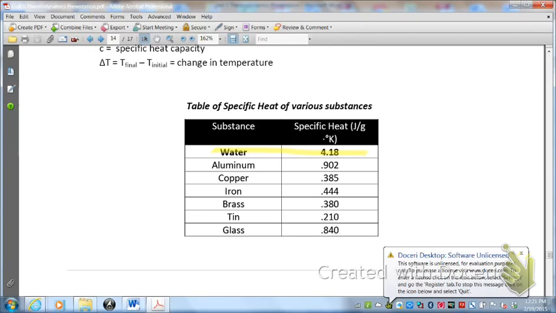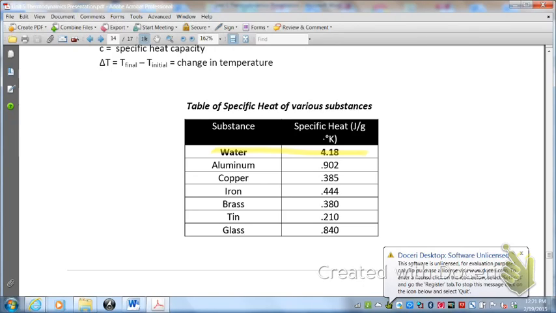The metals in general have very low specific heat capacities, and even glass only has 0.840 joules per gram degrees Kelvin in its specific heat capacity. Okay, so the only one I want you to memorize again for the quiz is the specific heat of water. All the other ones we will use just as a reference for problems or for other classroom uses.